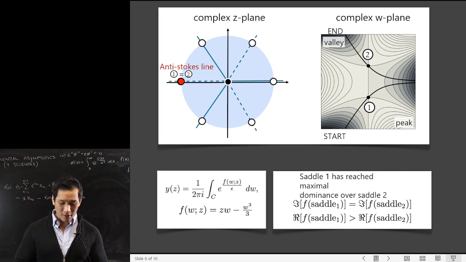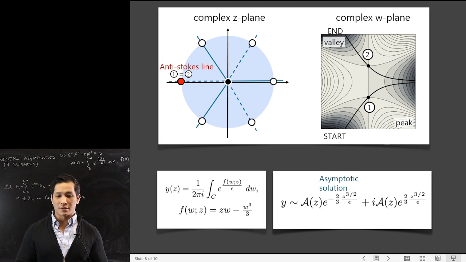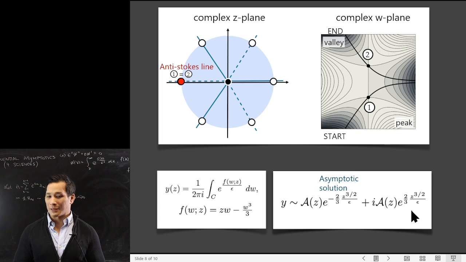Okay? And then finally, so here I've written the asymptotic solution. They now have equal footing. The two exponentials are of equal magnitude, and you can massage their form and show they produce a cosine.